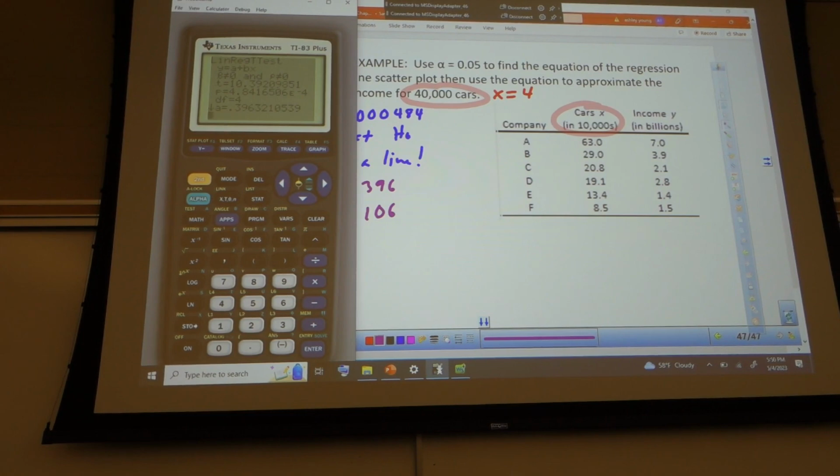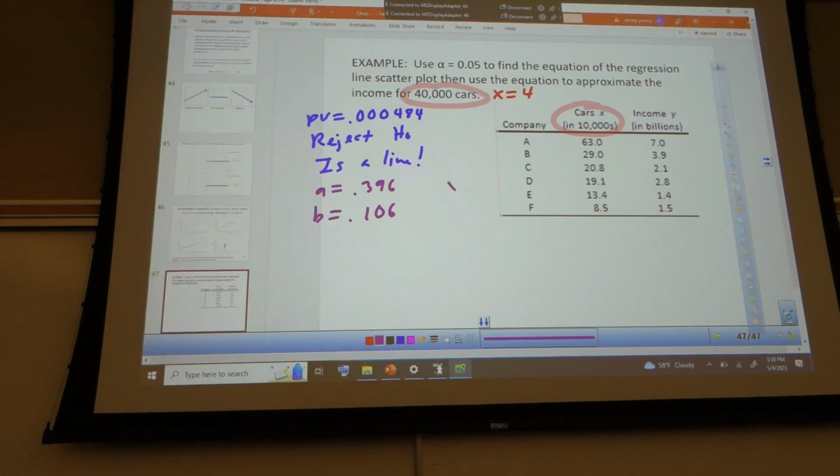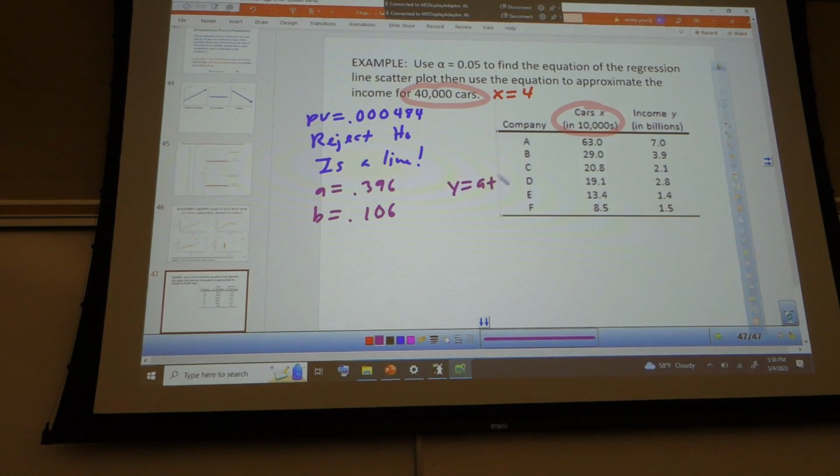So I'm just going to substitute in this for my a, and that for my b. And I will get y equals a, which is 0.396, plus b, which is 0.106, times x.